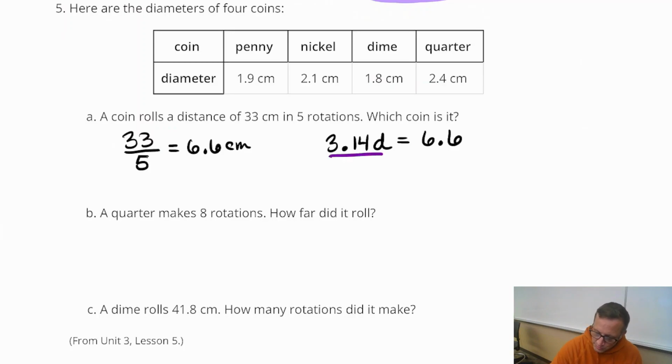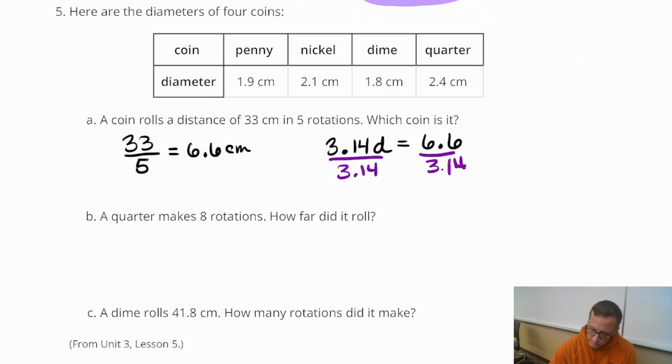So let's divide. We're going to divide both sides by pi, 3.14. Sorry about my handwriting there. So we're going to do 6.6 divided by 3.14, and that equals d equals 2.101, some bunch of numbers there.